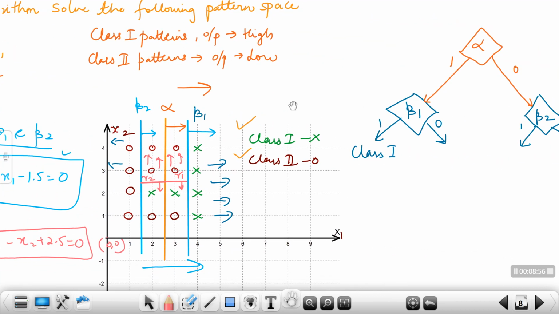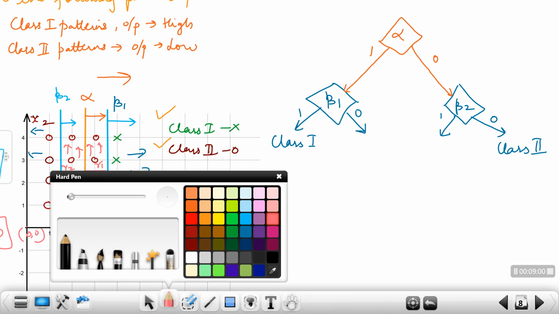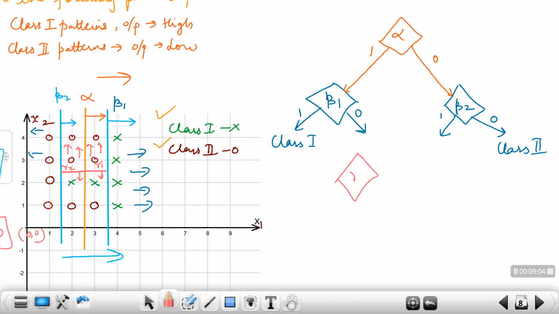Now we move on and draw the nodes gamma 1 and gamma 2. So where will gamma 1 and gamma 2 be? Here will be the node gamma 1 and here will be the node gamma 2. On the positive side, it is not classified, but on the negative side it is completely classified and it is class 2.